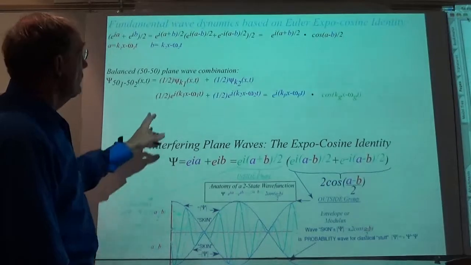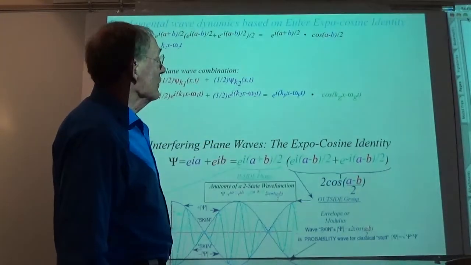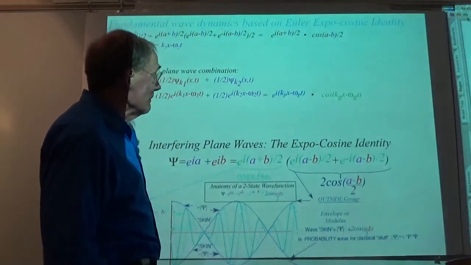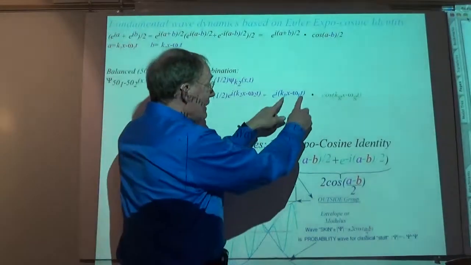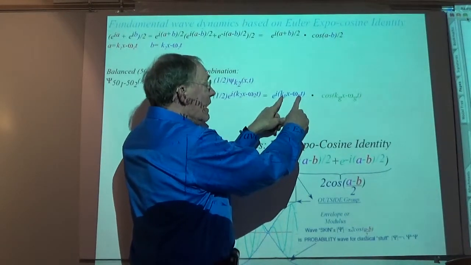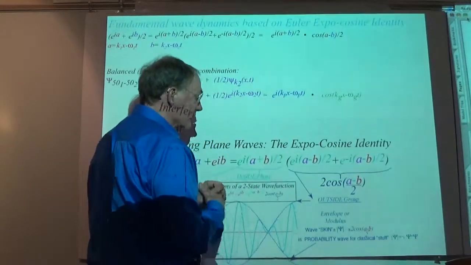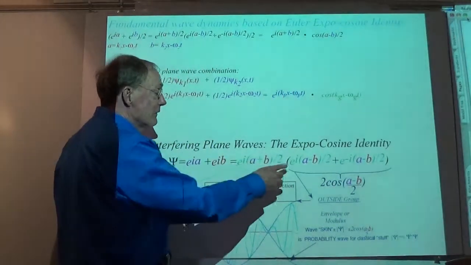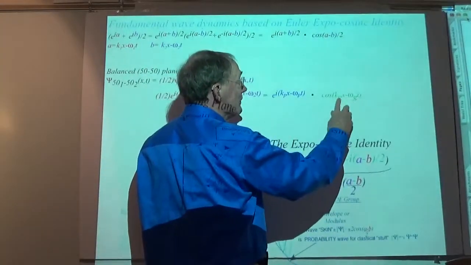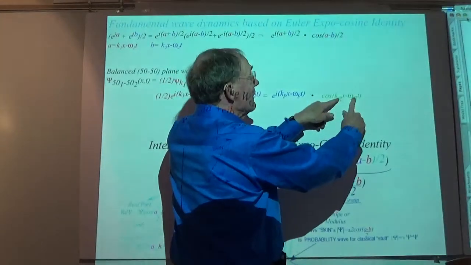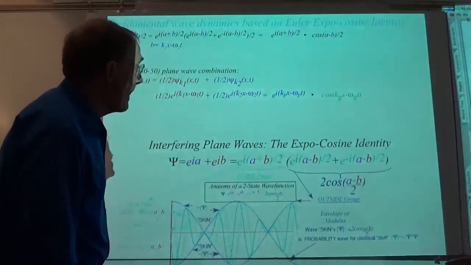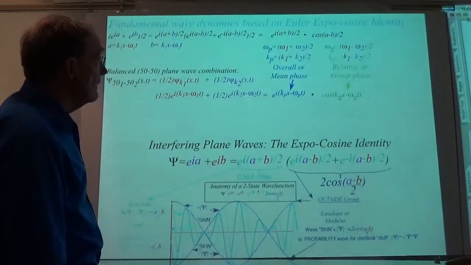And what I'm going to do is I'm going to put this together as a sum and then factor it. And what I'm going to be seeing, of course, is right here, a half sum of the k vectors and the half sum of the frequency vectors. That's for this part. And then for this part right here, I'm going to be seeing a cosine of an argument that has the half difference of the k vectors and the half difference of the frequencies. So that is what we're working at.